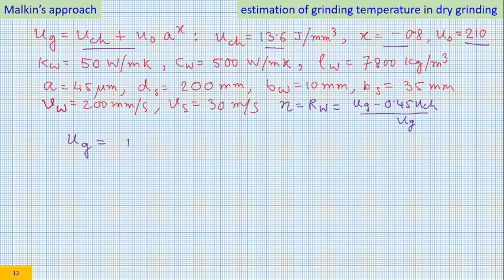For calculation of UG it is 13.6 plus 210 divided by 45 to the power 0.8, because in this equation UG has to be put in joule per millimeter cube, and this has to be put in micron. Once you do that you will be able to get UG. So let me get my calculator and calculate it, and simultaneously you can also calculate.